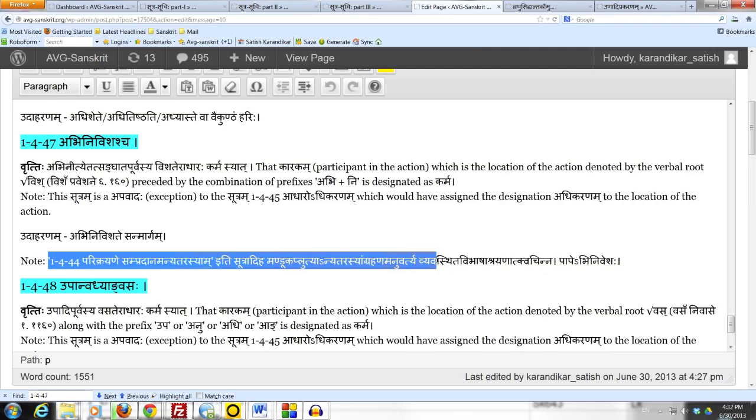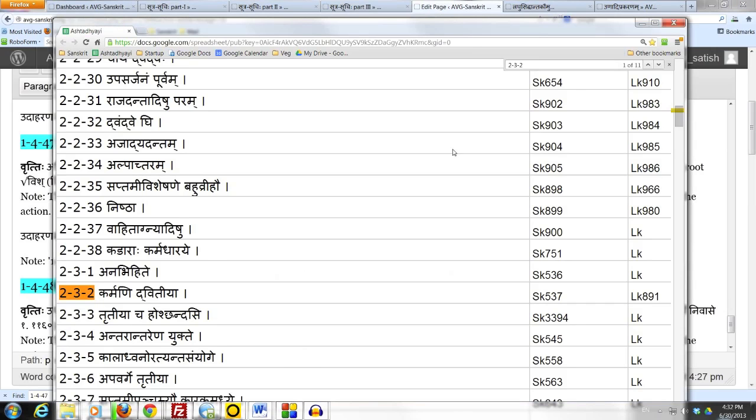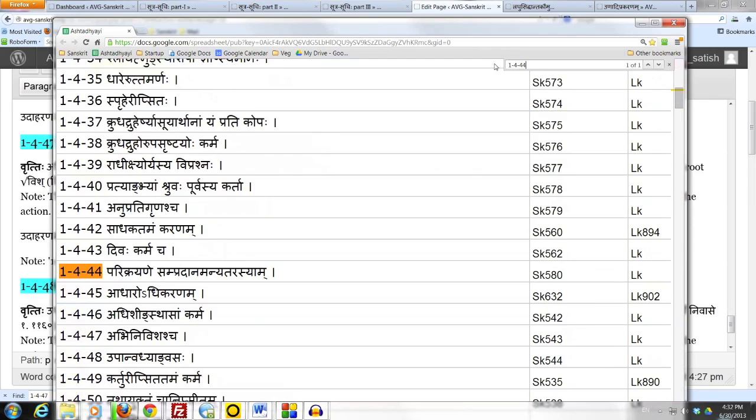Parikrayane sampradanam anyatarasyam iti sutradih manduka plutya anyatarasyam grahanam anuvartya vyavasthita vibhasha shrayanat kvachinna, which means that we bring the anuvritti of anyatarasyam down from the sutram 1444, parikrayane sampradanam anyatarasyam. From that sutram 1444, we bring down the anuvritti of anyatarasyam into 1447. Anyatarasyam means in the other case, means optionally.